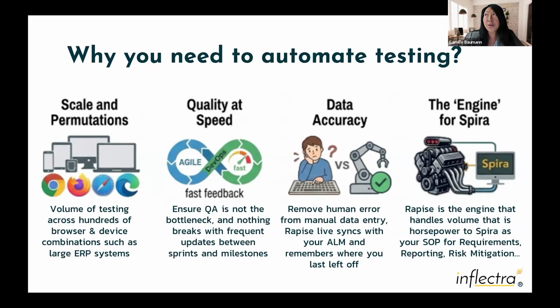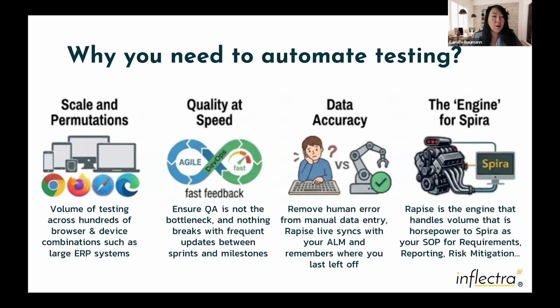And for those who have joined who've never come across automated testing before, or have heard of it and don't have it, and are curious to learn why you need automated testing: nowadays, with the complexity of the different systems you have in-house or offshored, there's a lot of permutations to ensure that nothing breaks.